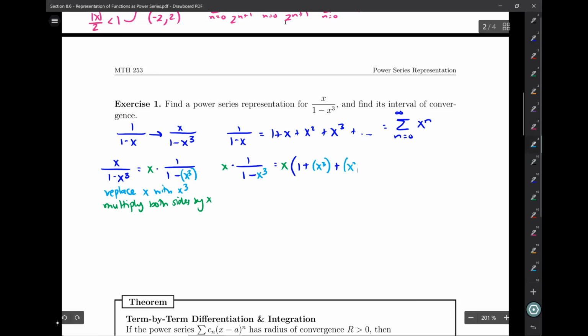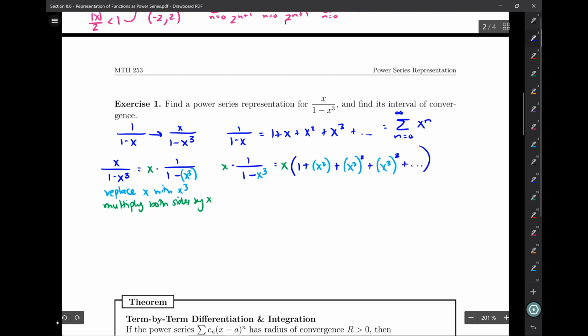Okay, and then x cubed squared plus x cubed dot dot dot.